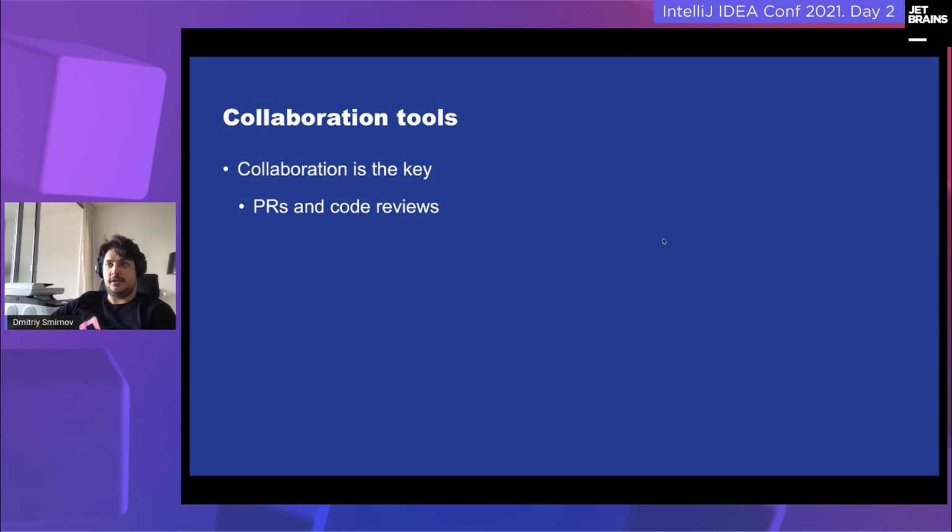Making PRs from the IDE. Reviewing the code from the IDE. For reviews, currently one has to fetch and probably check out something. So it would be great if it could just be on the server side. There are a lot of things that could be improved here.